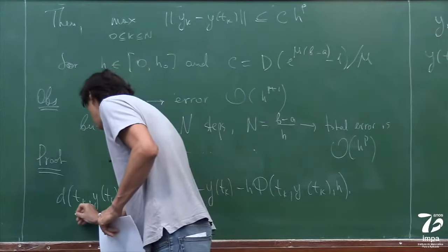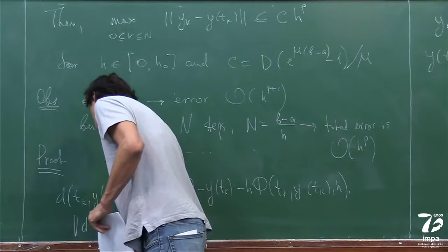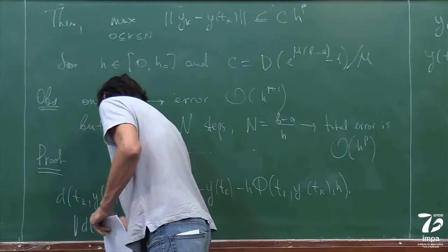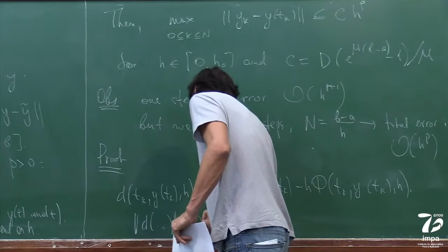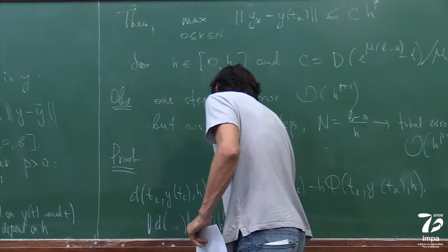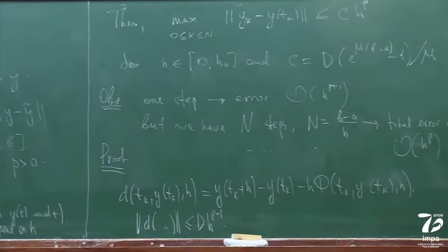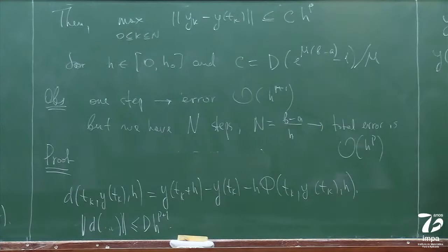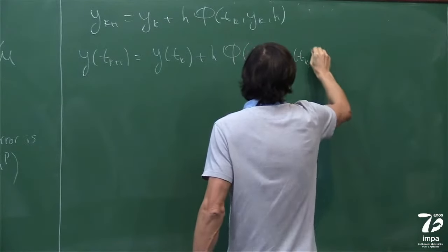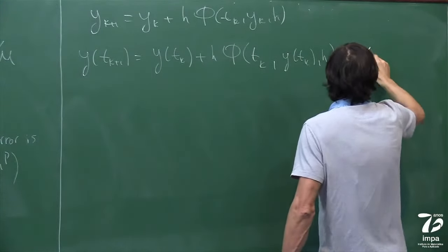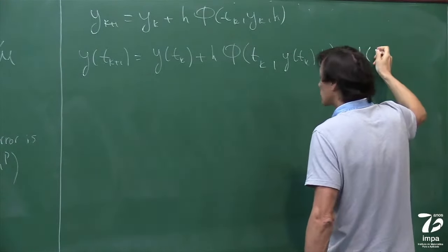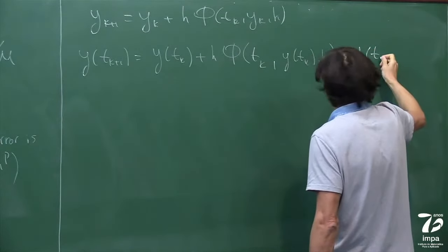Let's just add here that d, by this condition, is smaller or equal than d h^{p+1}, right? So this is what we will use. Okay, so here we have t_k plus h plus d. So this is the deviation.